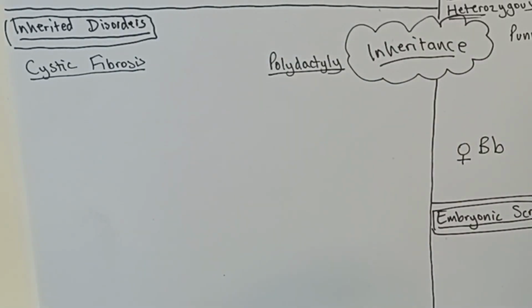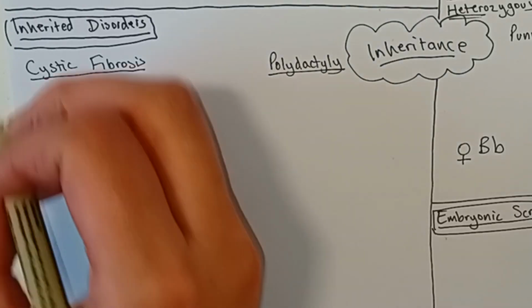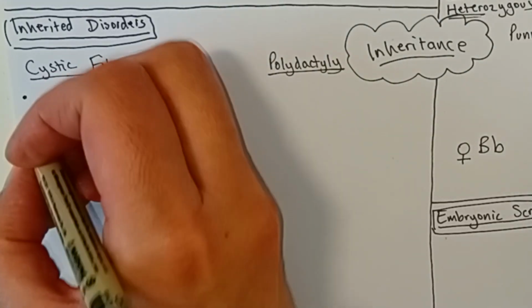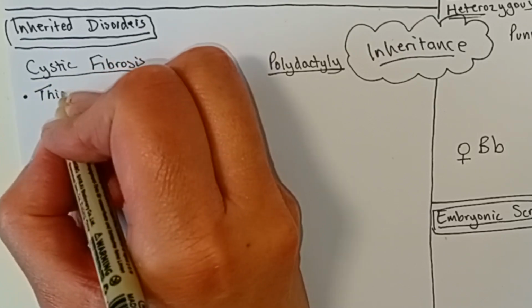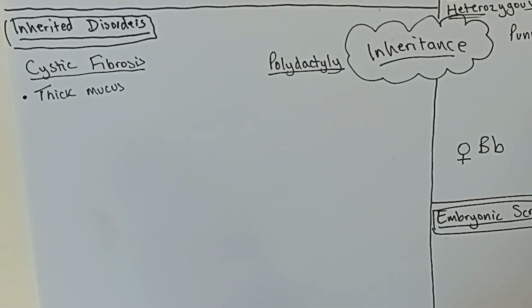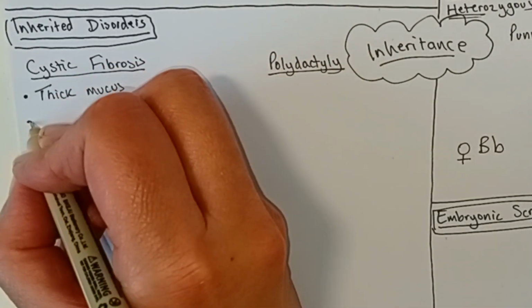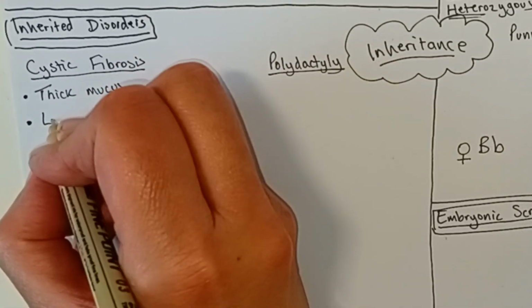Let's start with cystic fibrosis then. Cystic fibrosis is an inherited disorder that makes the mucus thick. Thick mucus. And because it makes mucus thick, when that mucus is in the lungs, it reduces oxygen diffusion.